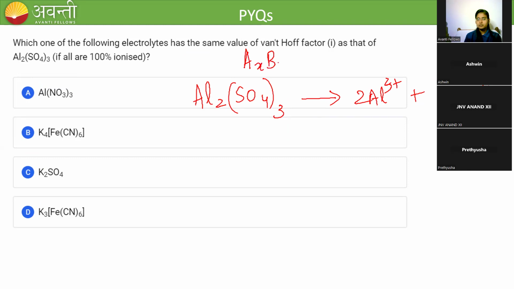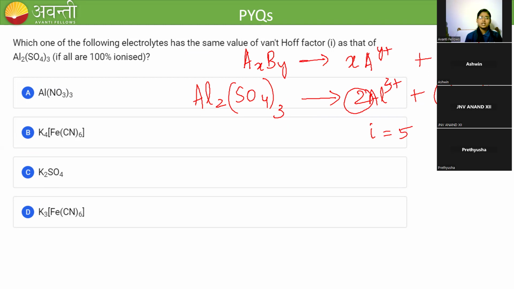AxBy. For this type, we have to dissociate it like x into A power y plus, y into B power x minus. So this is the general formula for the dissociation of a salt. Now how many ions are generated? 2 cations and 3 anions. So totally the i value is equal to 5 for aluminum sulfate.